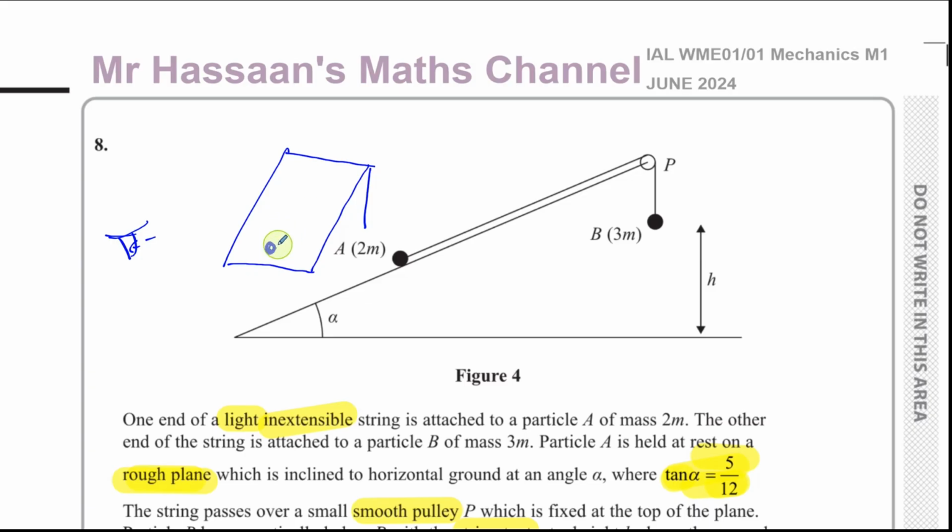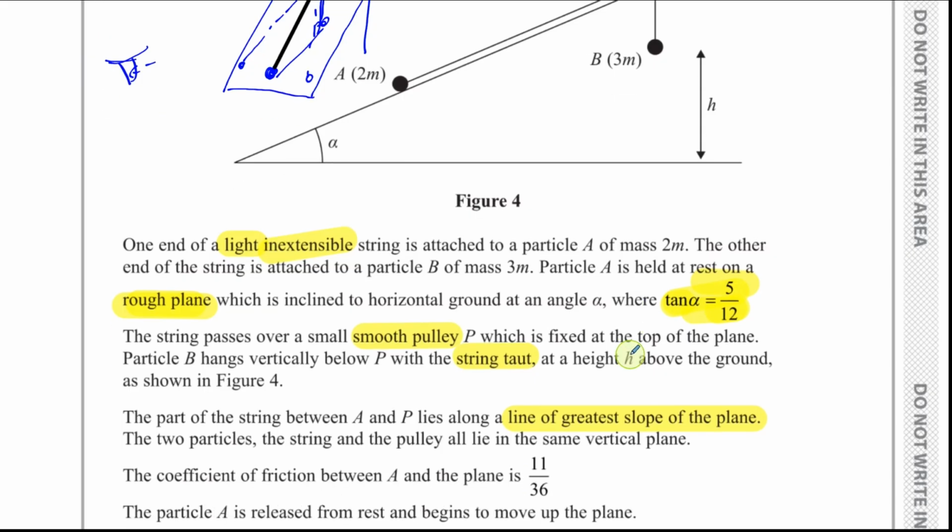And here would be the particle A. What they're saying is that the string from particle A to the pulley is the shortest distance. It won't be like particle A is here and there's going to be an angle. The particle B will hang vertically down such that this is a vertical triangle, completely vertical. So they're in the same vertical plane. That's what that means basically.